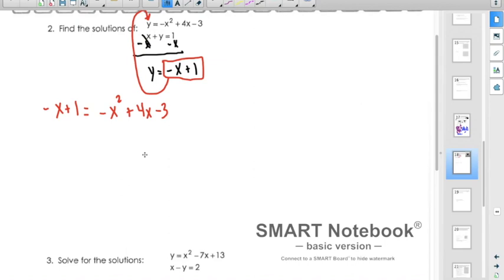Think. You could move the x and the 1 over to this side, but I see this negative x squared. So what I'm going to do is add x squared to both sides because I don't want to work with a negative x squared, right? Which means I'm also going to subtract this 4x, which means I'm also going to add this 3.